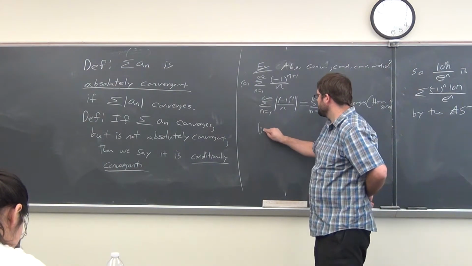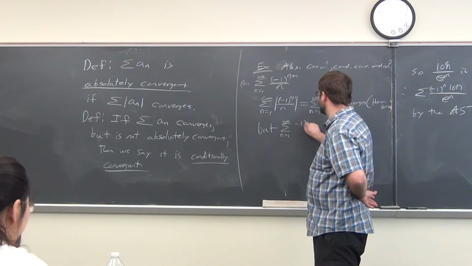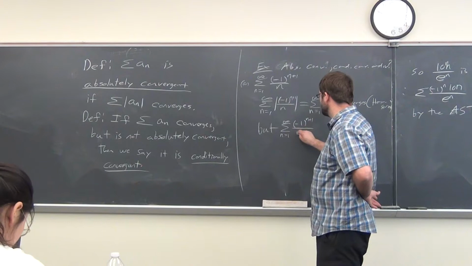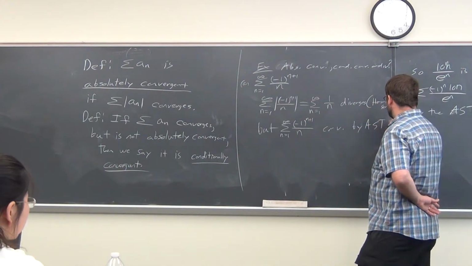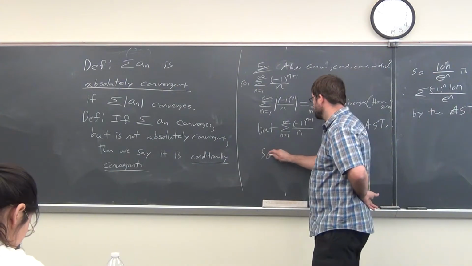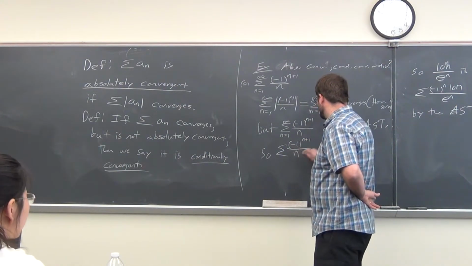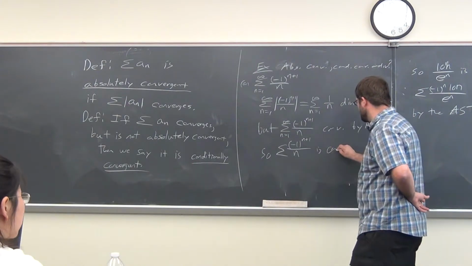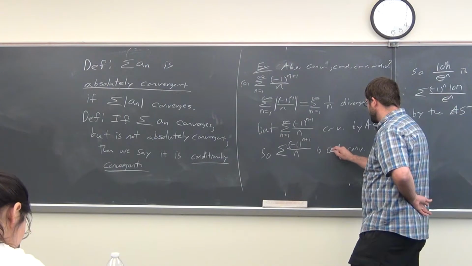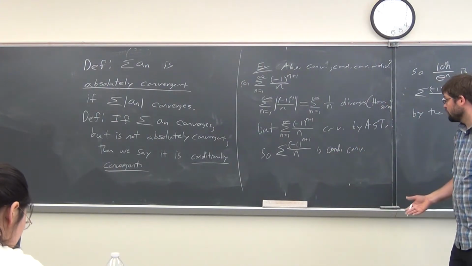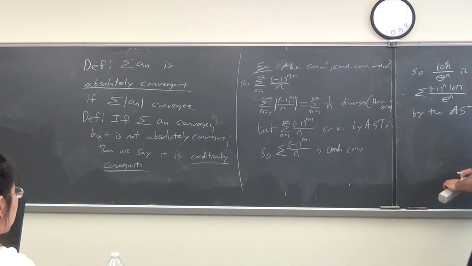But we've already seen this one converges, using the alternating series test, and so this series here is conditionally convergent. Does that make sense? It doesn't converge absolutely, because this diverges, but it does converge.